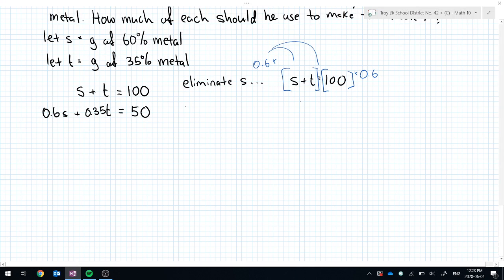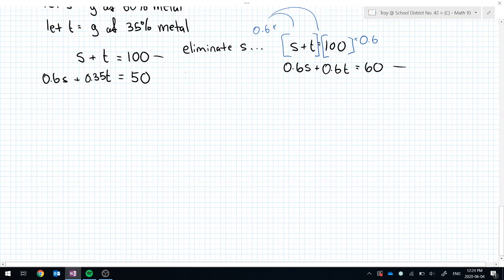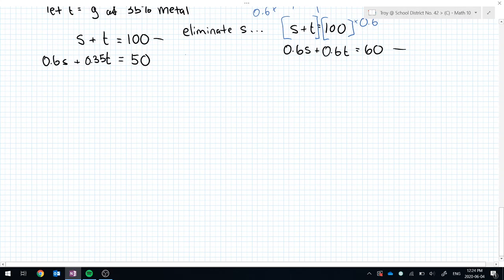Okay, and when I do so, obviously 0.6 times s is just 0.6s, plus 0.6t equals 100 times 0.6 gives me 60. Okay, so I've changed this equation into this equation now. So now I can stack them up and I can do some elimination.